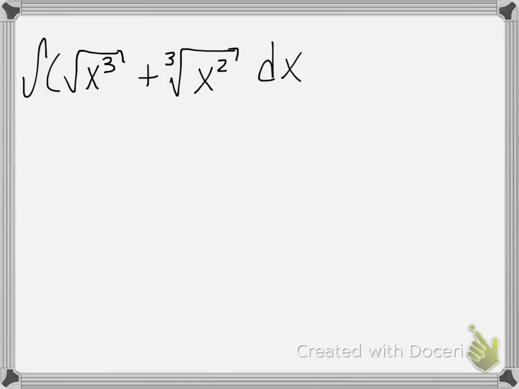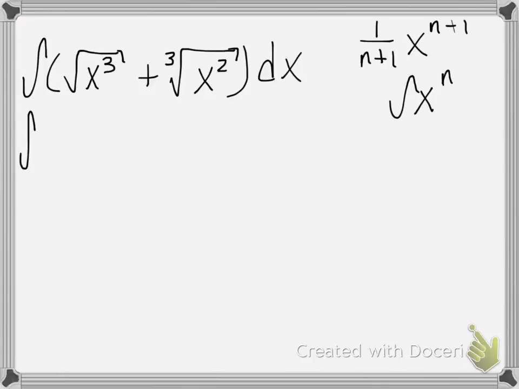Alright, so one thing that will help us out a little bit whenever we get ready to use our 1 over n plus 1 x to the n plus 1 as far as integrating x to the n is just go ahead and rewrite the powers. So we're going to have the square root of x cubed.